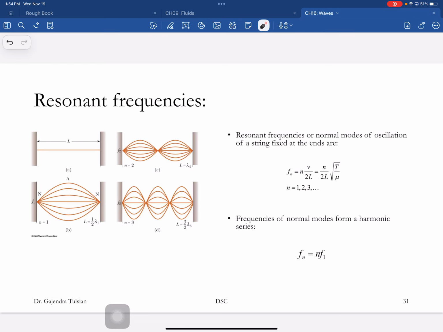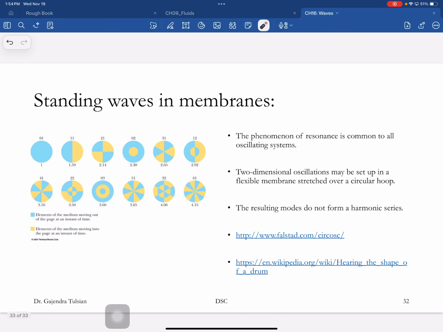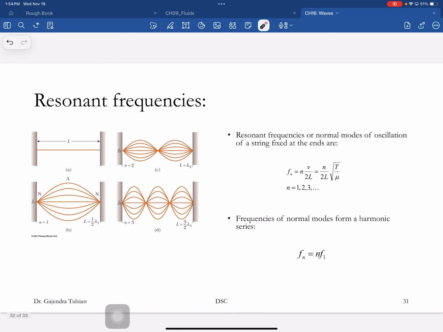Okay, so that's how you produce music. All right, so for a string, higher frequencies are integer multiples of the fundamental frequency.